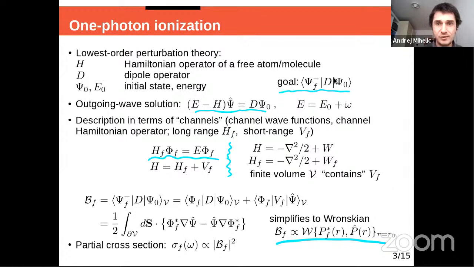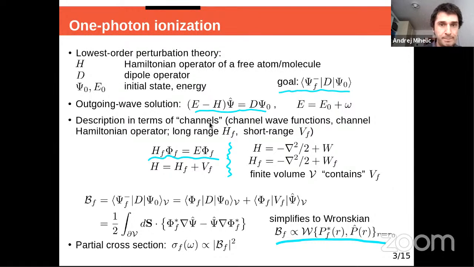That kind of amplitude can be obtained if one looks for a solution of a driven Schrödinger equation, which satisfies the outgoing boundary conditions. In this equation, H is the total atomic or molecular Hamiltonian, and E is the final state energy, which is written here. And of course, psi hat is the outgoing wave solution of this equation.